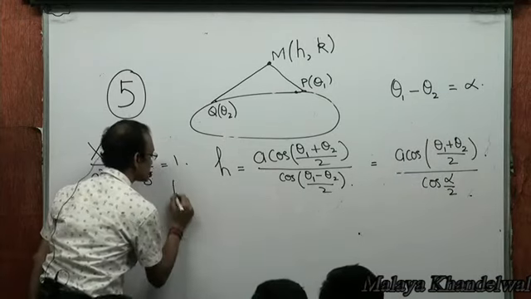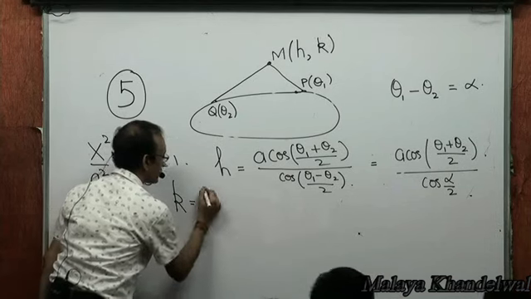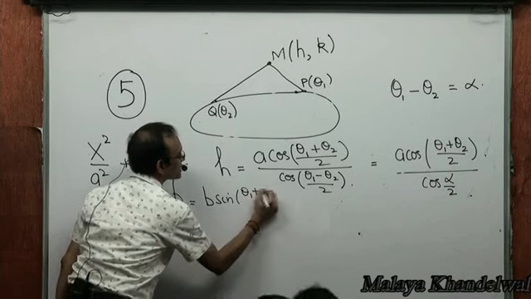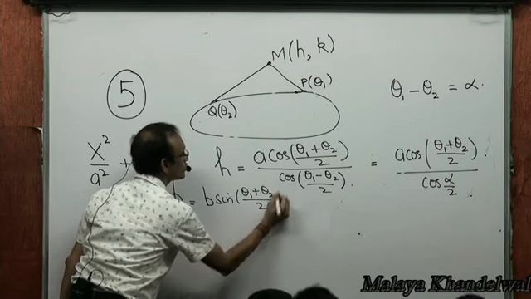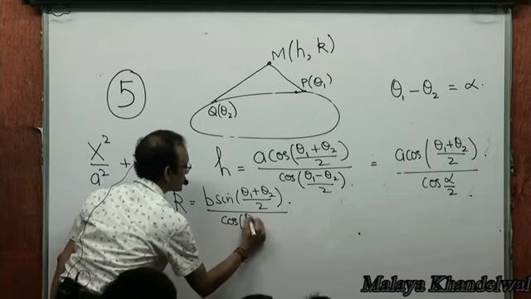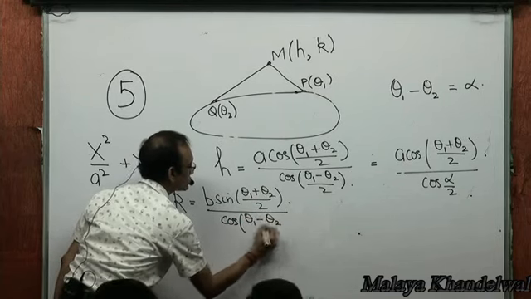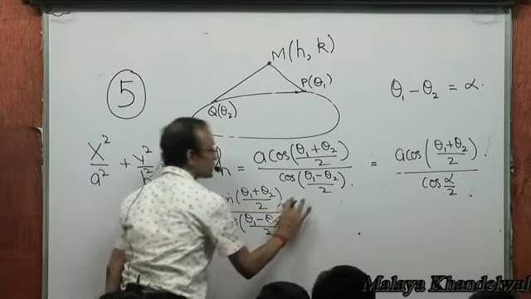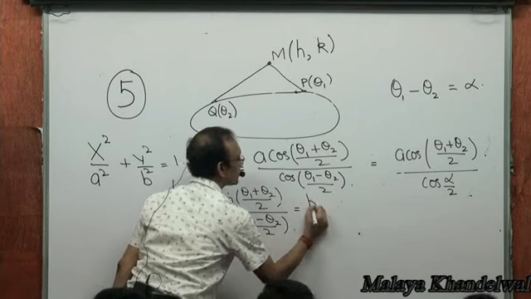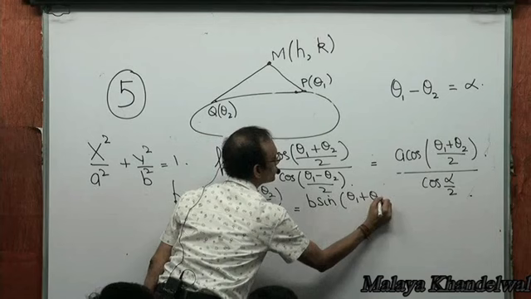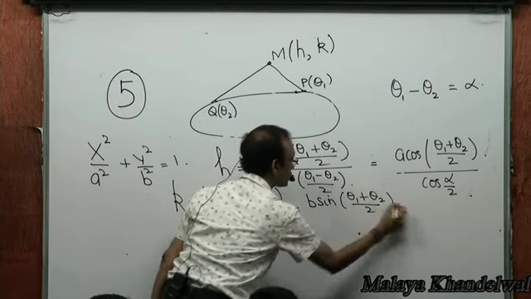K is b sine of (theta 1 plus theta 2)/2 cos of (theta 1 minus theta 2)/2, right? Which is like b sine of (theta 1 plus theta 2)/2 by cos alpha by 2.